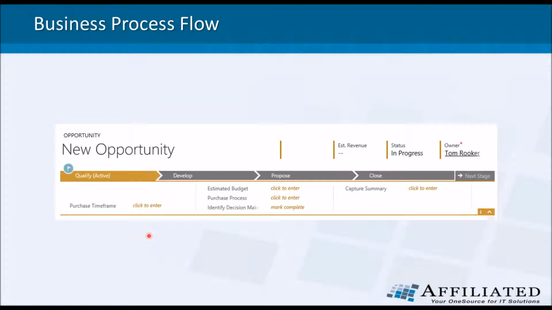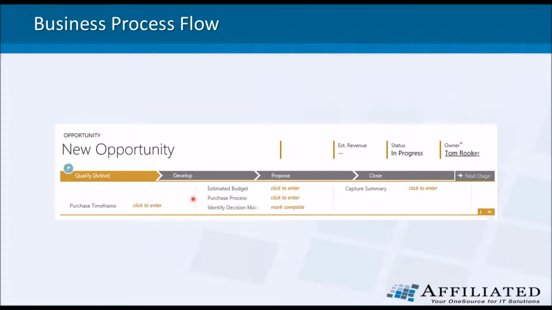So we can roll up qualify and develop into a single reporting stage and report that in a pipeline. In that way, we can report on a business process, or we can report on several business processes and just see one standard view of the data.